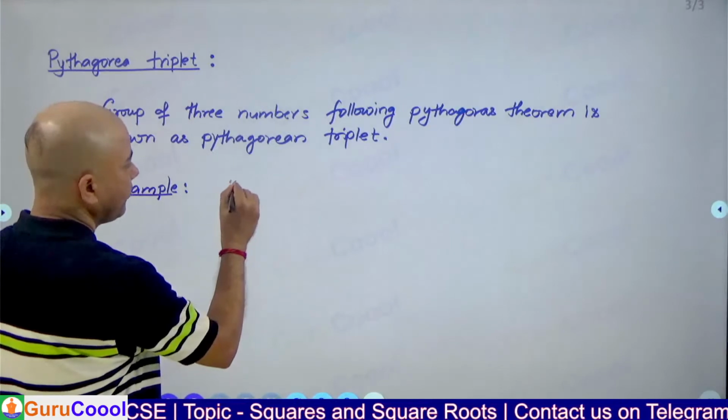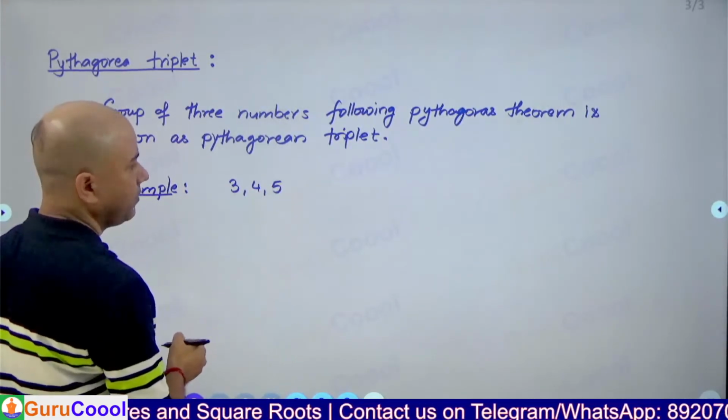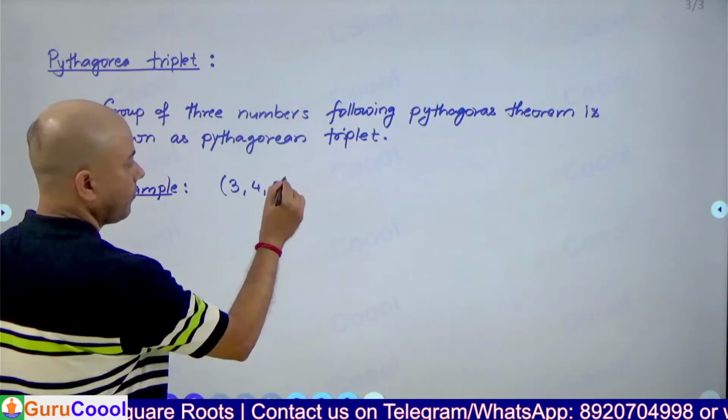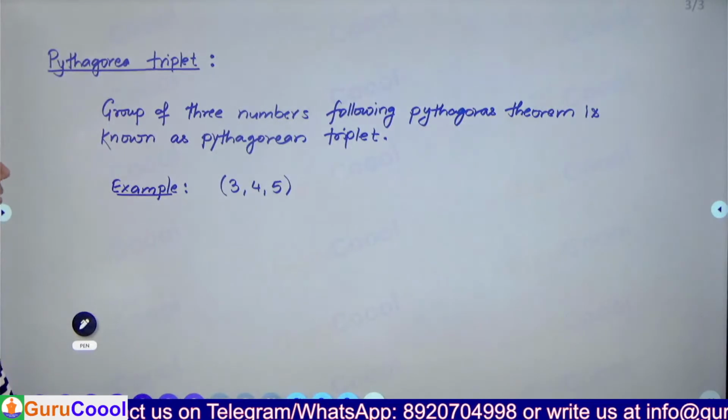Example: 3, 4, 5. These three numbers create a Pythagorean triplet.